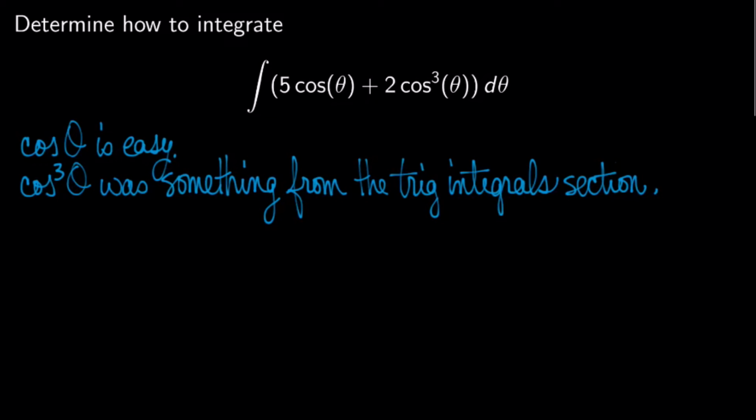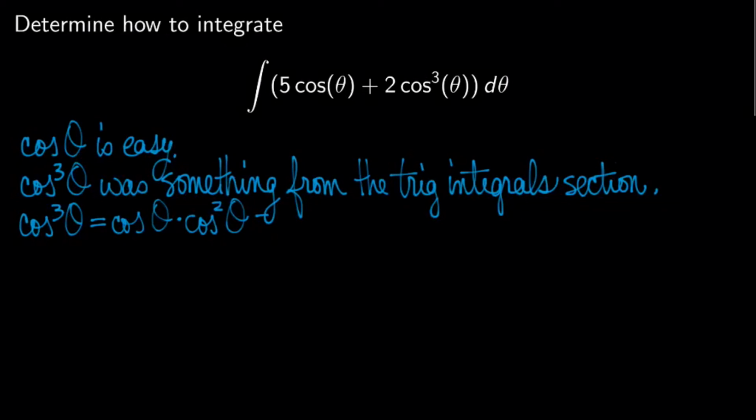Now that was something from the trig integral section where you learned how to deal with powers of trig functions. And this is a, quote, easier one where you have an odd power of cos. What you're supposed to do is take that cos cubed theta and split it into cos theta times cos squared theta. You split off one power of that cos.